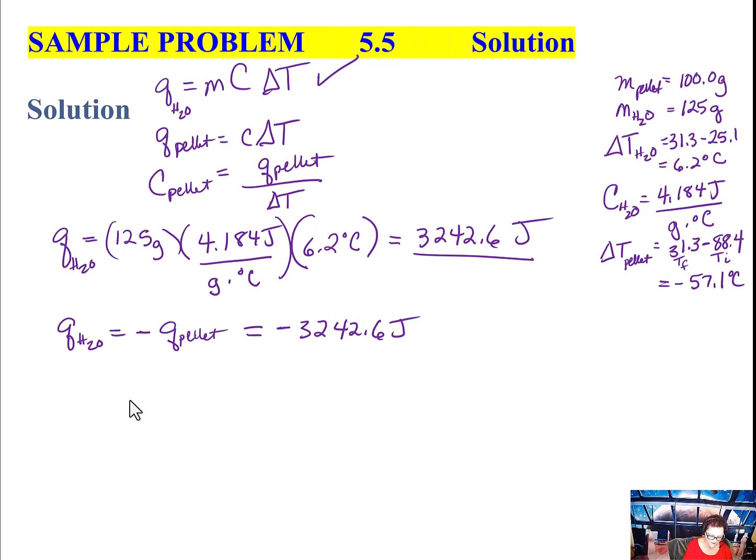Then the C of the pellet is going to be equal to Q of the pellet over delta T of the pellet.